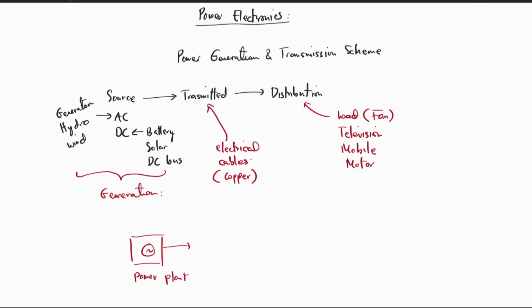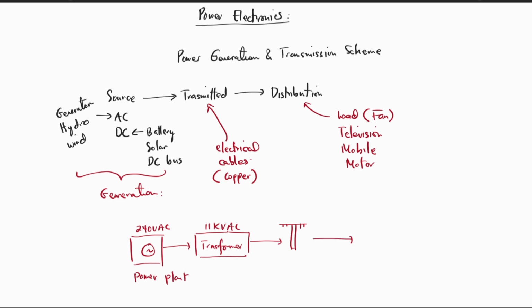So if the power plant produces 240 volts AC, it can go through a transformer and boost to 11,000 volts AC. And now it can be transmitted via the electrical cables. Those electrical cables can be seen on the poles that we normally have.